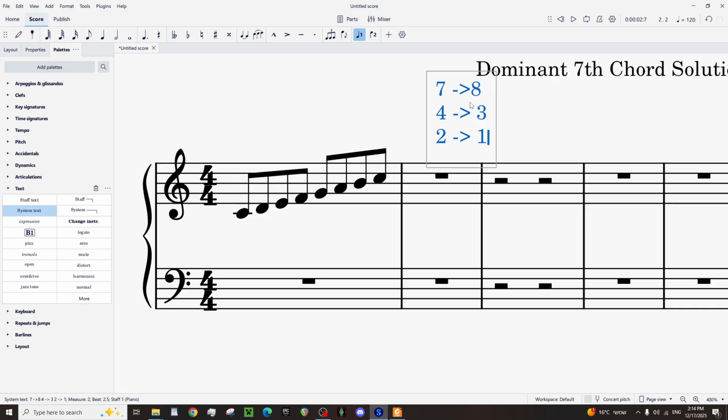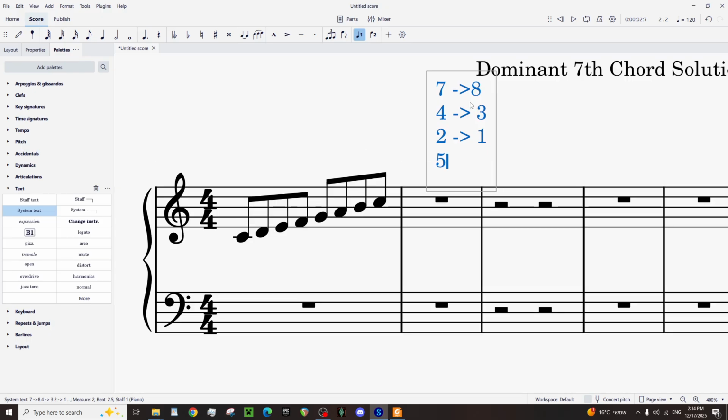And of course, the fifth degree goes to 1. That's an obvious one.